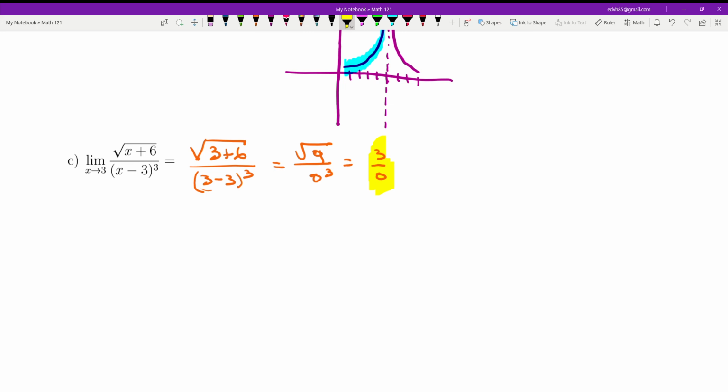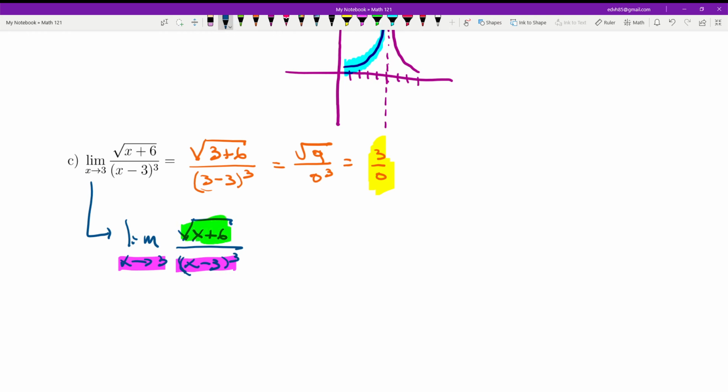And again, there's nothing we can really factor. So let me write it down again. In this case, we are going to plug in the value of x except for the factor that gives us the 0 in the denominator, that is, only into the numerator.